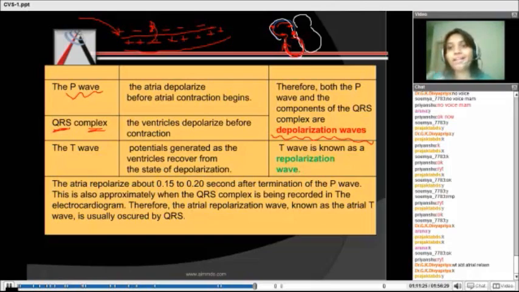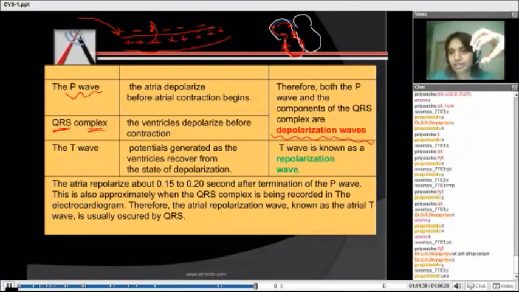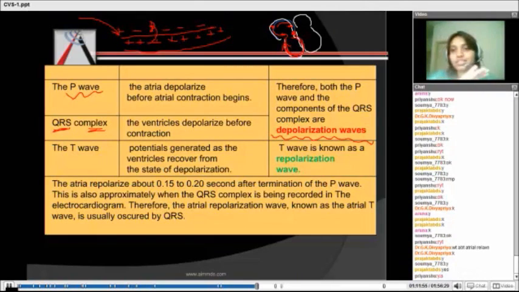While the atria are getting repolarized, your ventricle is depolarizing. Do you see the sequence? Your atria contract, then the ventricle contracts. While the ventricle is contracting, the atria are repolarizing. Since the ventricular contraction, the QRS wave, is so strong, the wave created by atrial repolarization is lost in there.